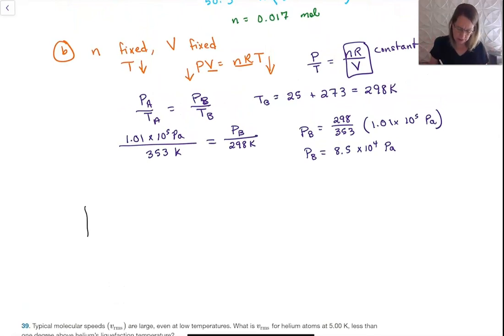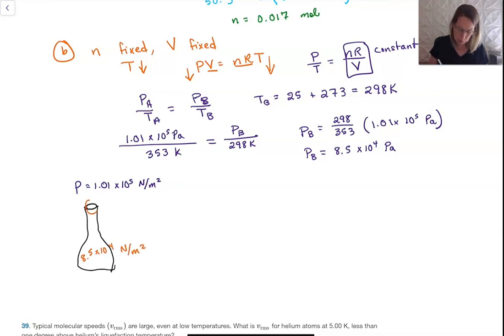So if I look at this flask, ooh, that's lovely. I know my pressure outside is 1.01 times 10 to the 5th newtons per square meter, and I know my pressure inside is approximately 8.5 times 10 to the 4th newtons per square meter.